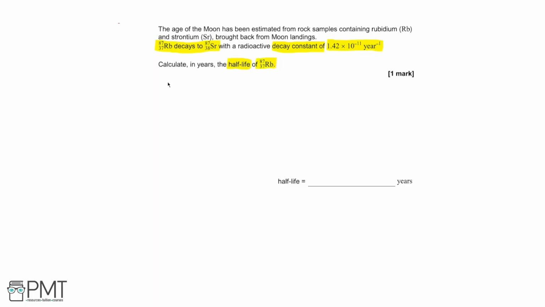In order to do this question, we need an equation which relates the half-life, T half, to the decay constant, and this is given by T half is equal to 1 over lambda multiplied by the natural logarithm of 2. Therefore, in order to calculate T half, we can substitute into this equation directly, and we can use the decay constant is 1.42 times 10 to the minus 11, and then multiply that by the natural logarithm of 2.